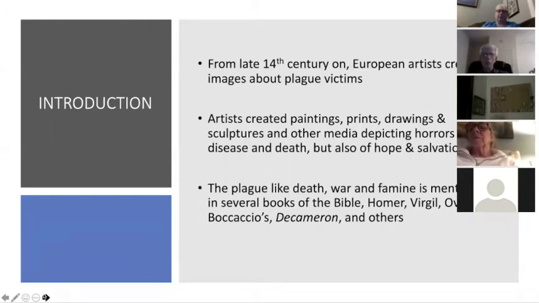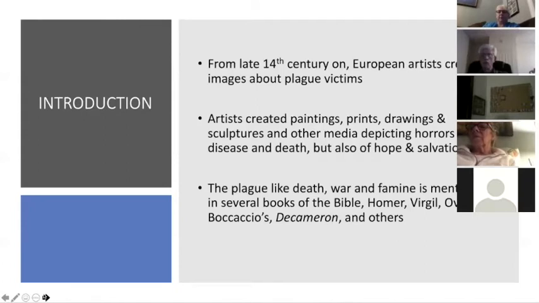From the late 14th century, European artists began to depict the plague through art. Artists created images through a variety of media. We're primarily going to look at prints and paintings, but they created imagery in other media as well. And it follows a similar literary trend as well: Ovid, the Bible, Homer, Virgil.